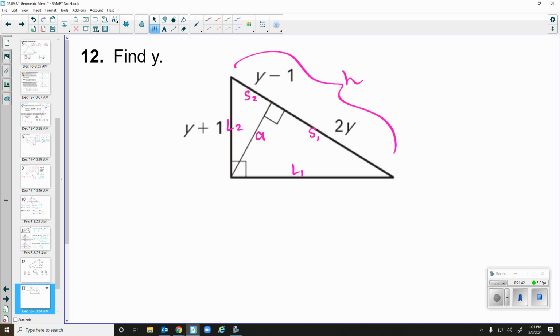The chances of us needing an altitude proportion are slim to none, since it's not even labeled. So we're probably using a leg proportion. We have a leg 2 labeled, so this is our proportion.